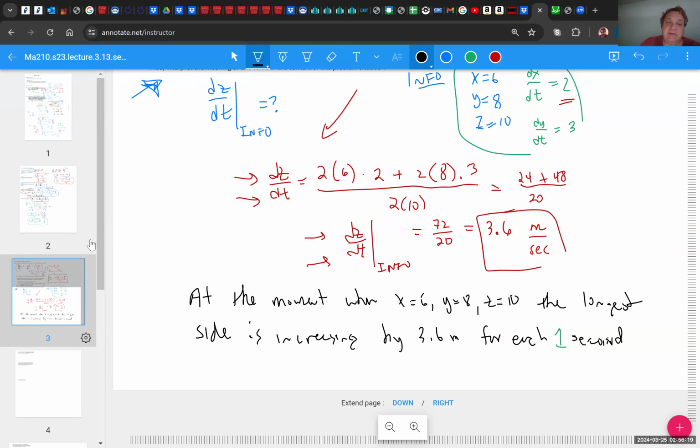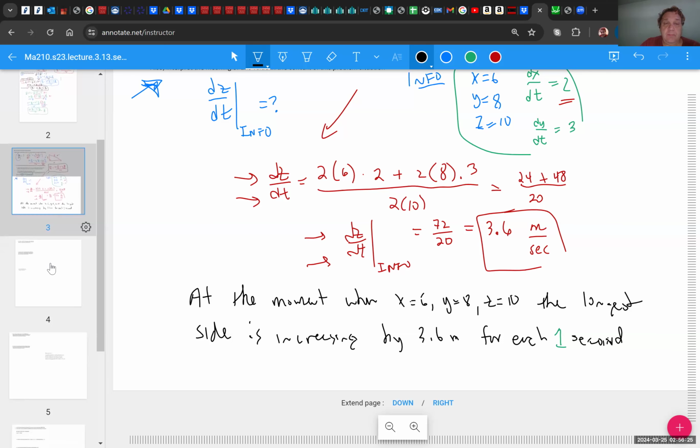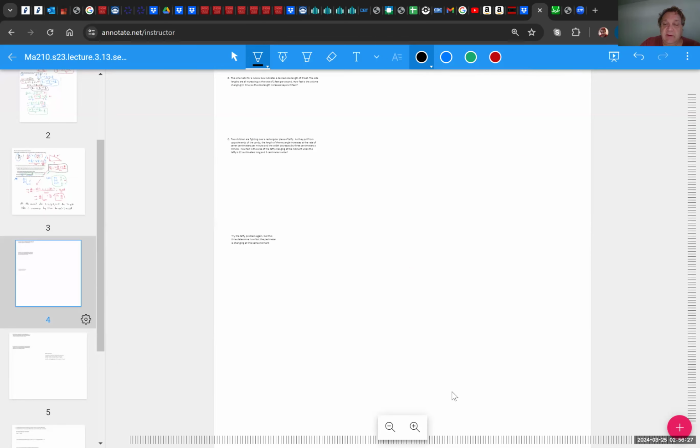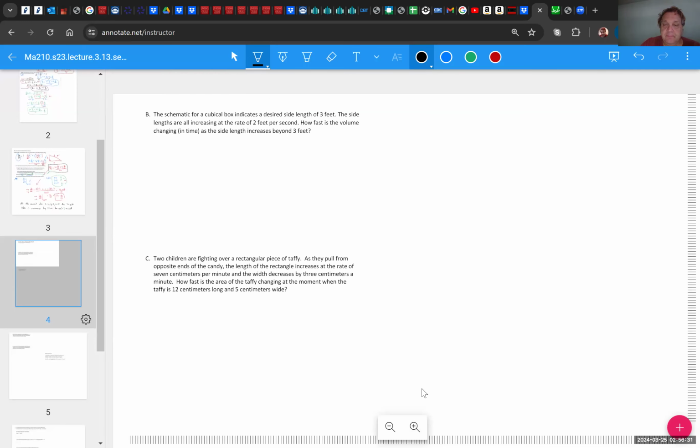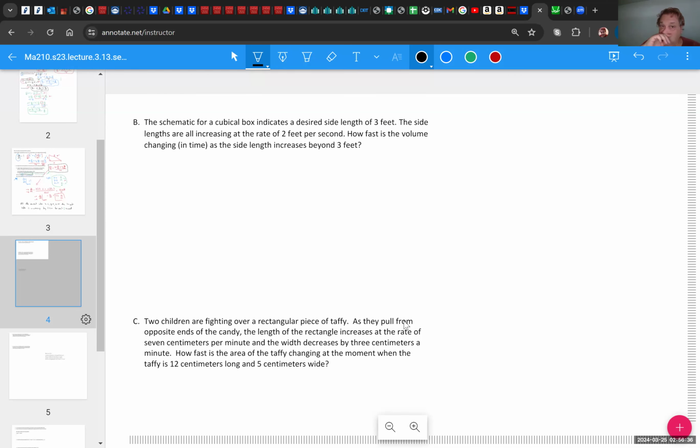All right, let's start off with a different word problem and build up from the very beginning so you can see all the steps. Okay, so we'll be doing example B here.